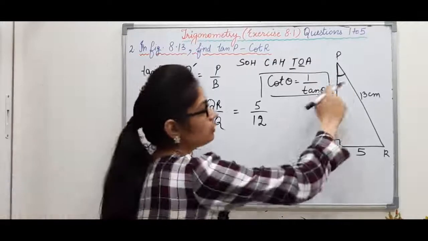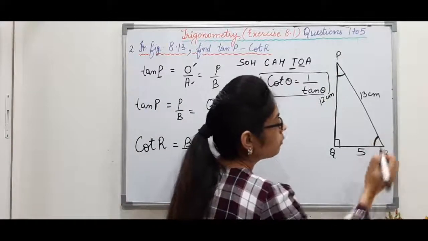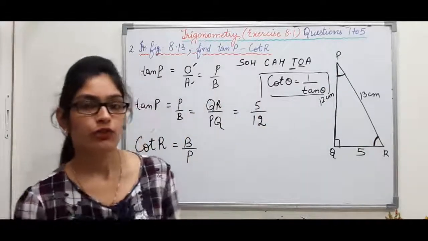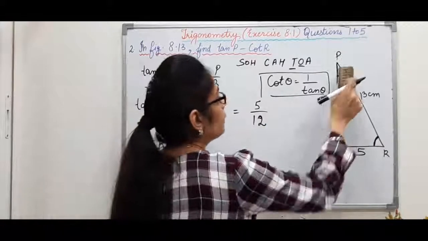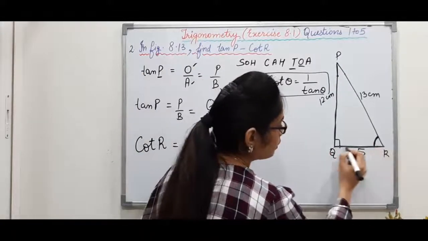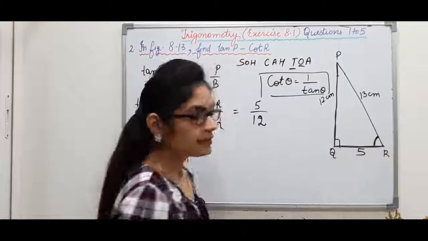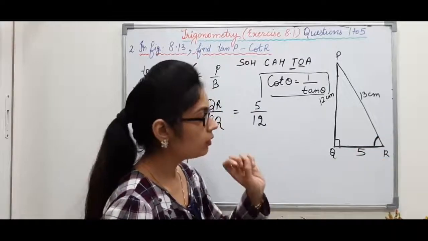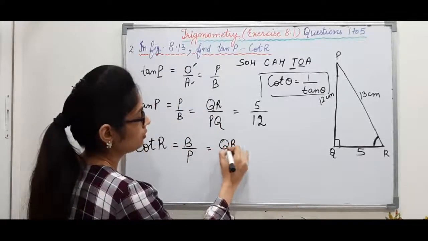You don't have to look at the same values because we have to find cot R. So with respect to this angle we have to see which is our perpendicular and which is our base. Base is the adjacent side, not adjacent angle. So with respect to angle R, the adjacent side is QR.